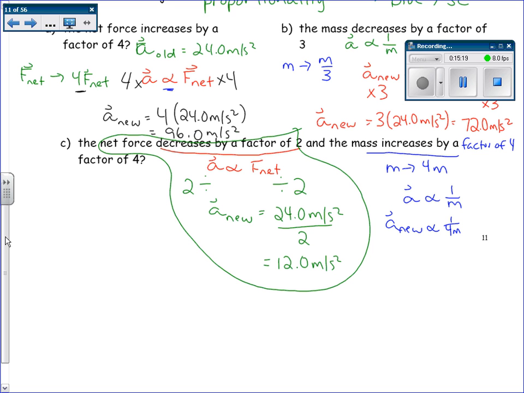So my new acceleration is going to equal 1/4 of the acceleration that I found here, because I'm doing this in 2 steps. I could have done this in 1 step. So that makes my new acceleration 3 meters per second squared. That decrease in the net force and an increase in the mass both caused a decrease in the acceleration.